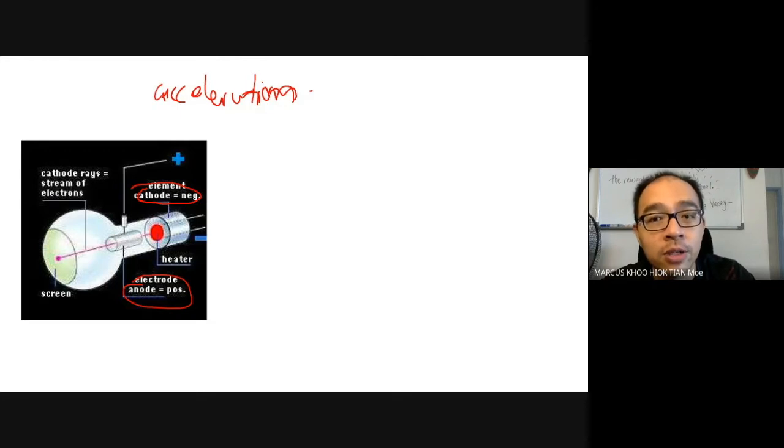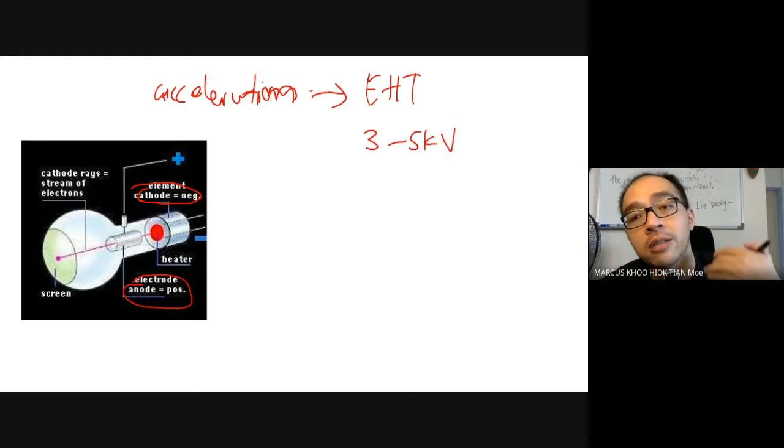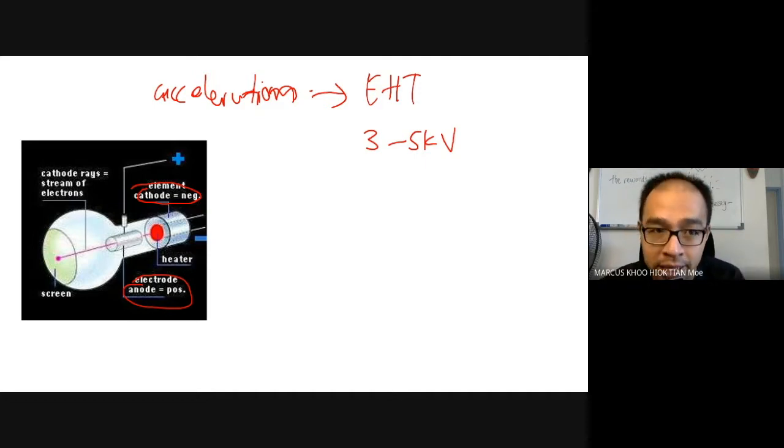So we give them some sort of NOS, some sort of acceleration, in the form of extra high tension. Generally extra high tension is about 3 to 5 kilovolts. So it's a lot of electrical energy provided to the electrons so that they can accelerate.